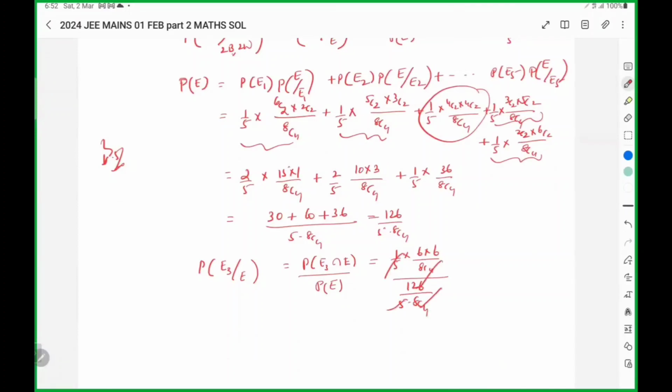It cancels, 36 by 126. 30 plus 60, 90, 126. 4 to 18, 9 2s, we get the answer as 2 by 7.